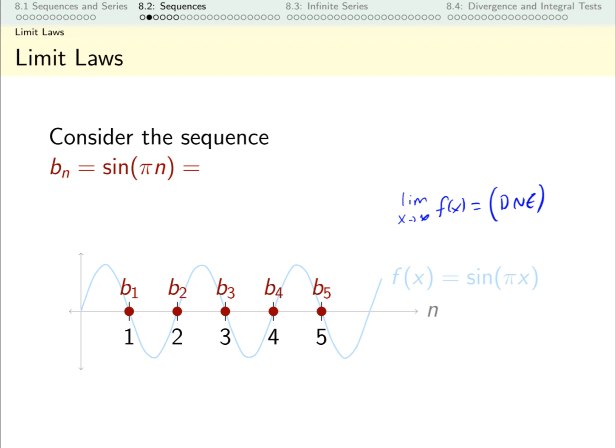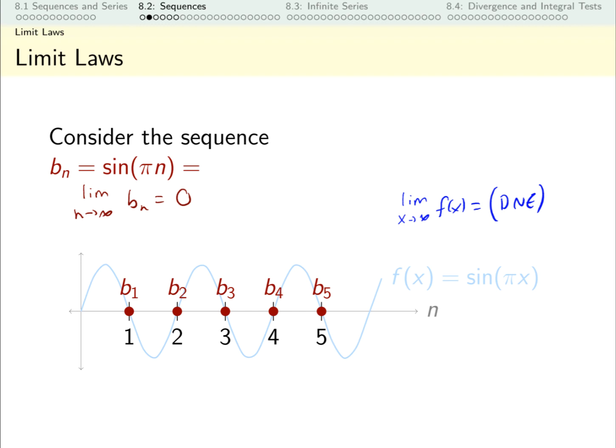I cannot evaluate that limit. On the other hand, if I take the limit as n goes to infinity of my sequence, well, it's 0, 0, 0, 0, 0, 0. That limit is just 0.